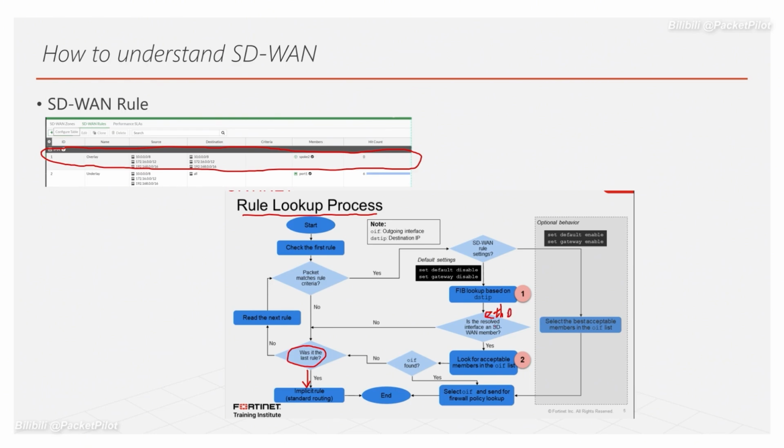First, I will verify whether ETH0 is an SD-WAN member, meaning whether this interface can be used to forward SD-WAN traffic. If the result is no, it means the actual forwarding is unrelated to SD-WAN, then I would skip this route. But if after my query I find out this output interface is an SD-WAN member, then I will proceed with the following verification.